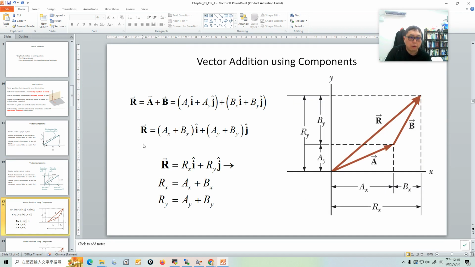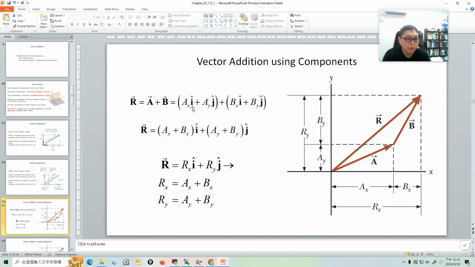When we want to add two vectors together, we just add component by component. Here is vector A and vector B, and AY is a component of A, BY is a component of B. When we add these two vectors together, we just add component by component.